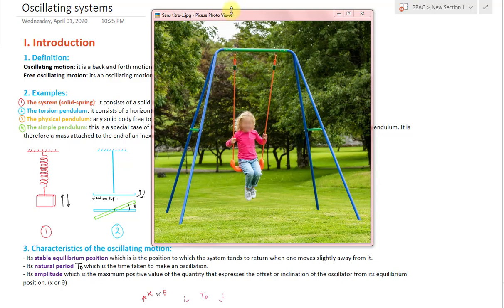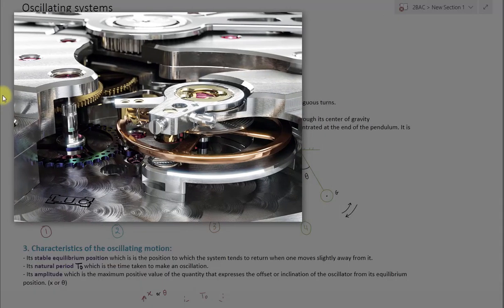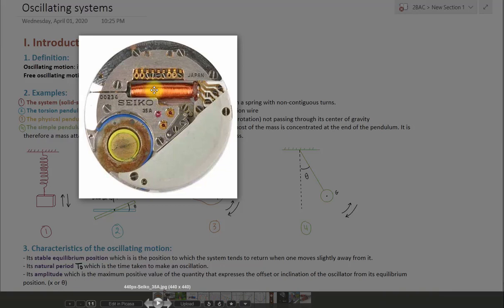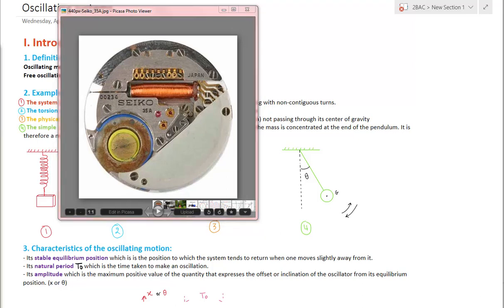For example, we can find oscillators in watches. For example, this is a mechanical watch that uses a quartz, I suppose, which is mechanical and electrical at the same time. It uses piezoelectric materials.